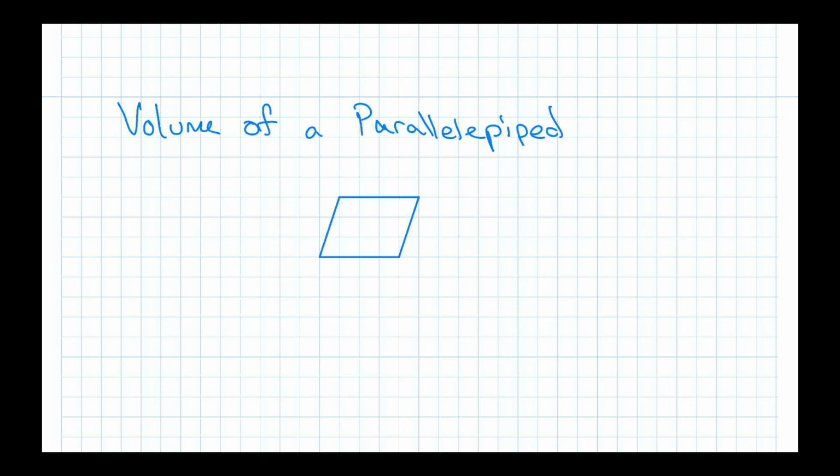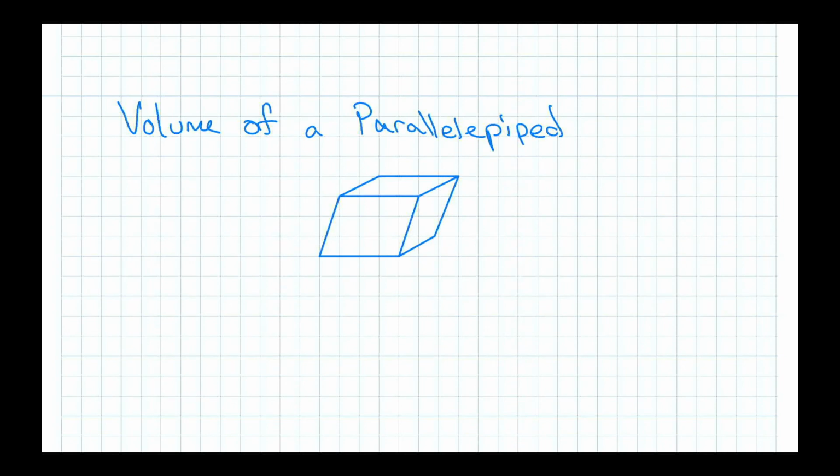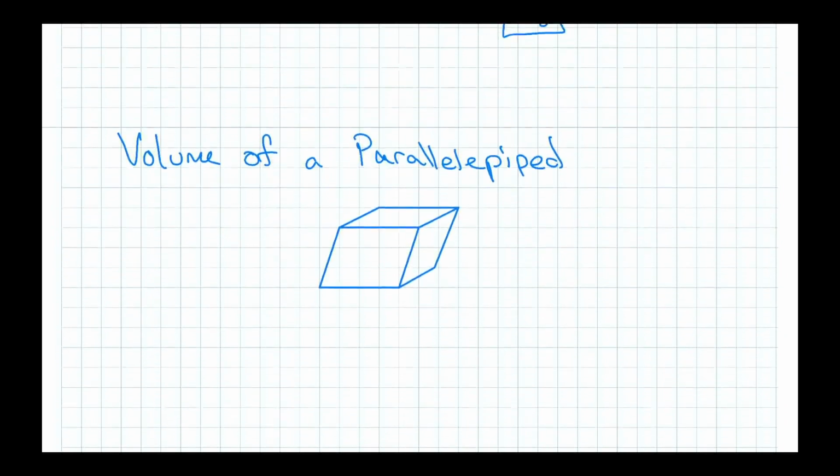So you've got a side and then, okay, there we go. That's a parallelepiped. It's like a cube that's been tilted a little bit, squished.